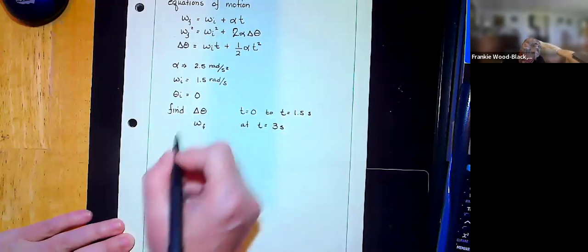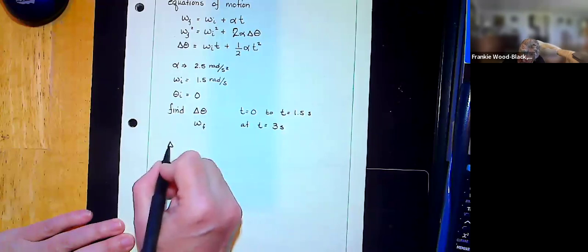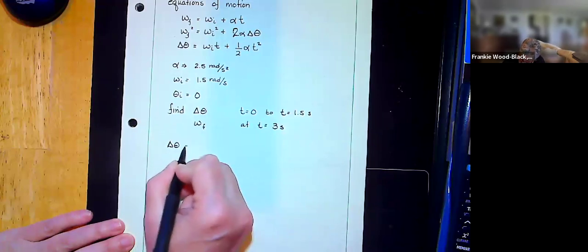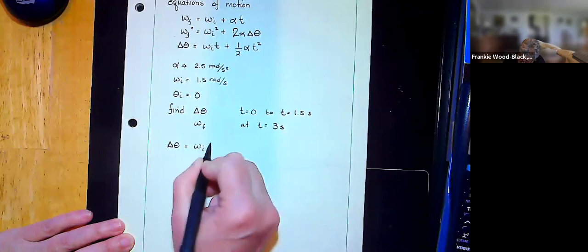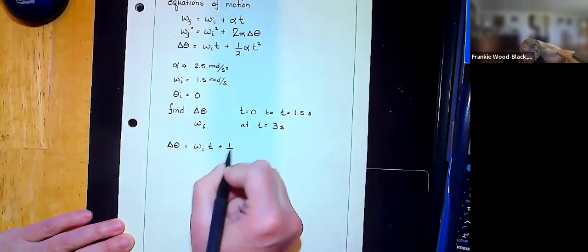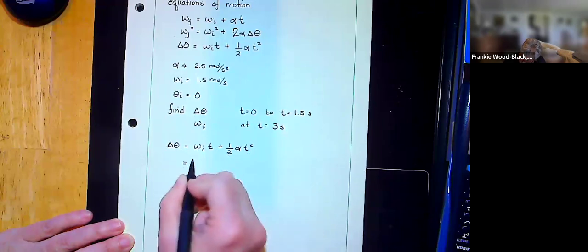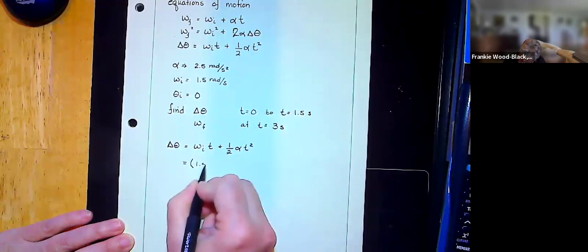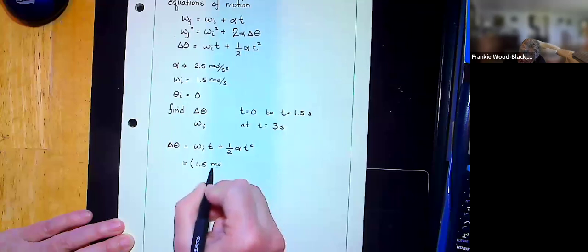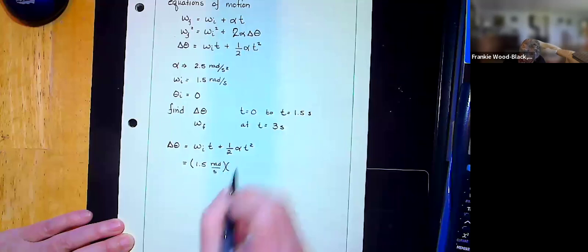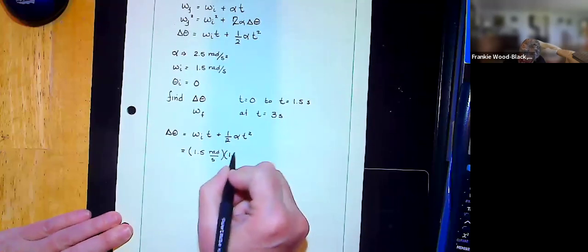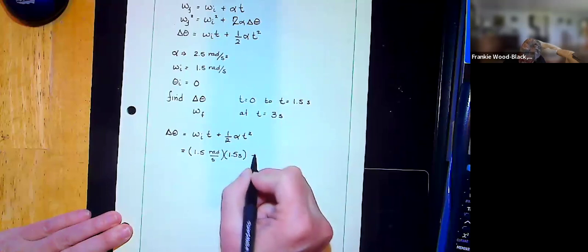So we've got our change in angle. Our change in angle is going to equal our initial angular velocity times time plus 1/2 our angular acceleration times time squared. We started out at 1.5 radians per second. Our time is going to be 1.5 seconds.